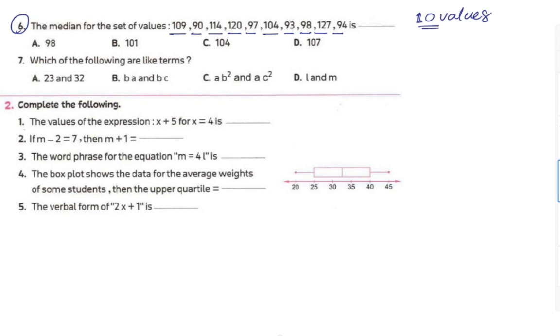Look with me. First step, we need to arrange all these values in ascending order. Where is the smallest number here?